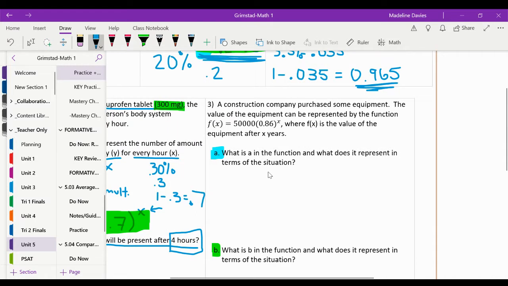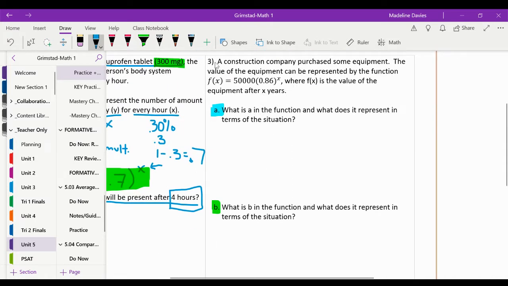Now I want us to move over to 3. I'm going to do A again, just to get you started thinking about this. So we always read our question first. A construction company purchased some equipment.